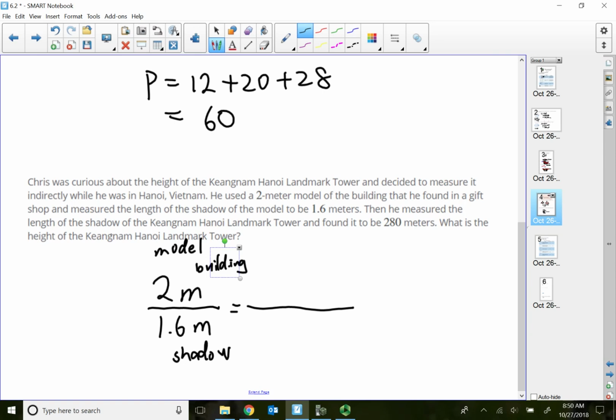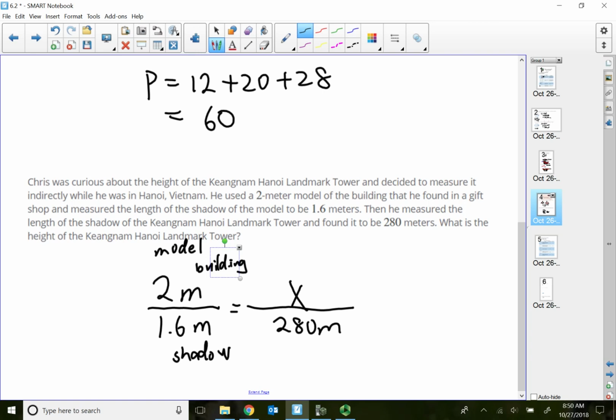So the shadow of the actual tower is 280, and I'm going to put it down here. What is the actual height of the tower?